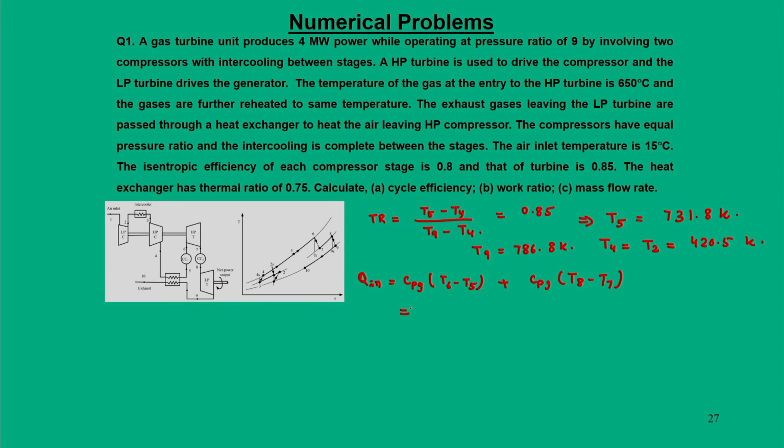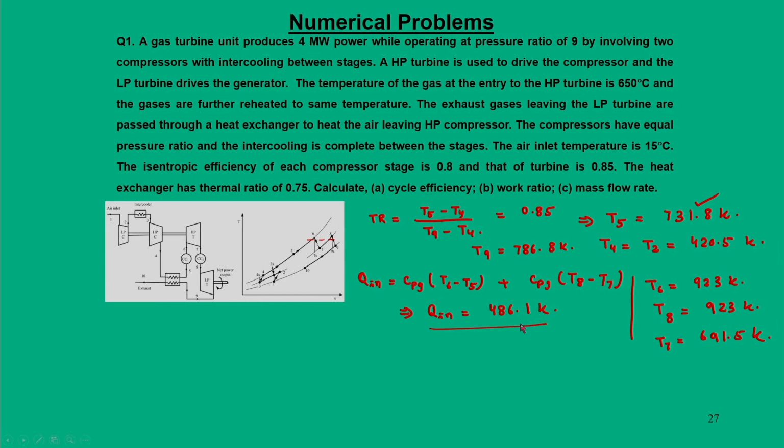So, we can find out Q in as 486.1 kilojoule per kg. In the earlier calculation we found T6 as 923, T5 is already here, T8 is also 923 because 6 and 8 are same, and T7 is 691.5.